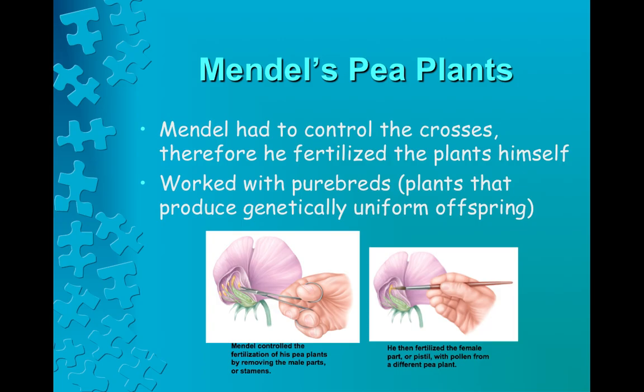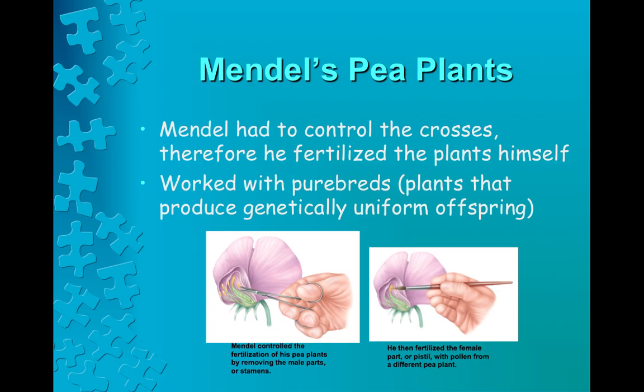So if I'm looking at a purebred purple flowered plant, that means every time I mate two purebred purple plants together, I'm going to continue to get purple flowers in every offspring I ever produce. There will be no other option, because those parents don't have the instructions to give anything else but that purple color to their offspring.